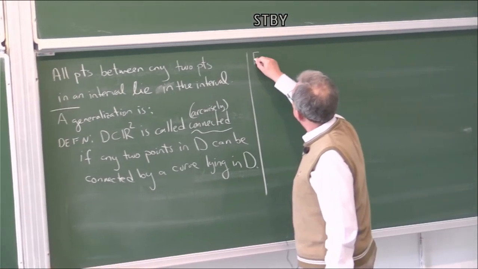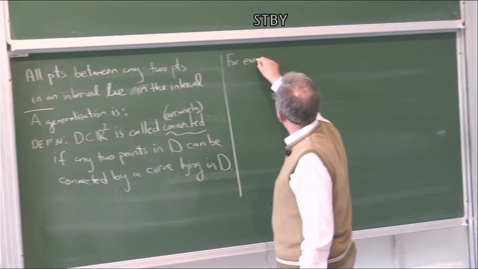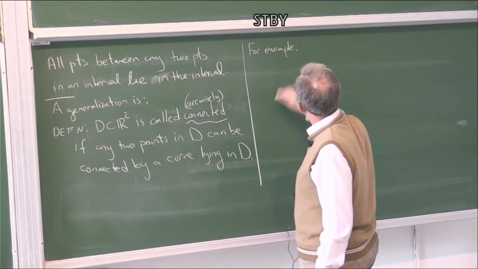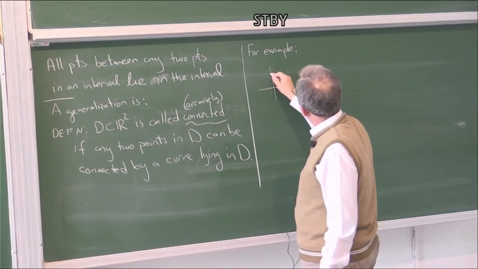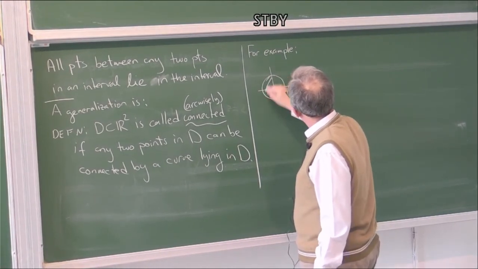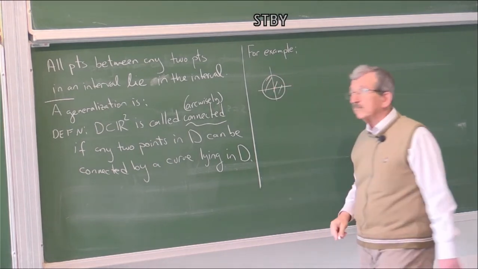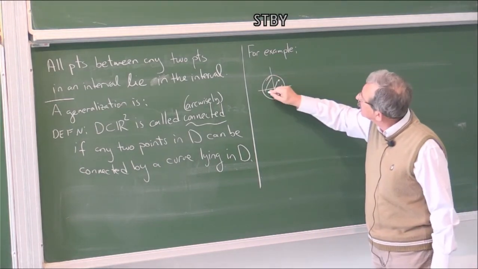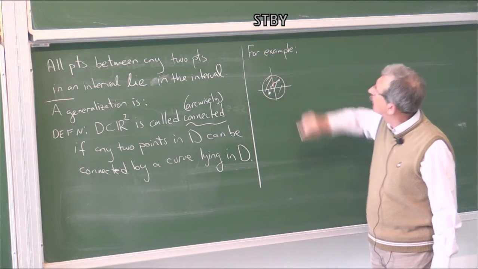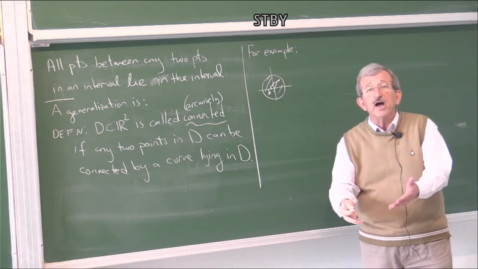For example, a unit disk is connected, because if you choose any 2 points, you have a curve connecting them, and the curve is inside.